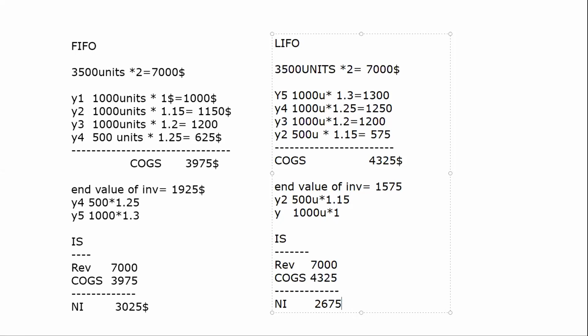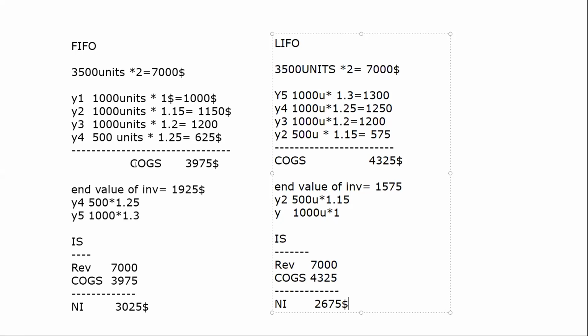So as you can see, it is showing that we're still earning 7,000 in here and in here, the same value. However, in terms of recognition, the revenue is the same but the cost is recognized differently. When you go with LIFO, you overstate your cost and you pay less taxes.